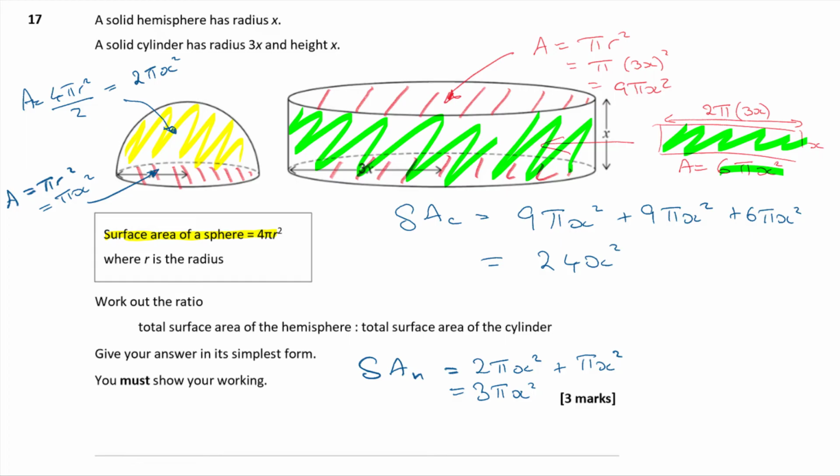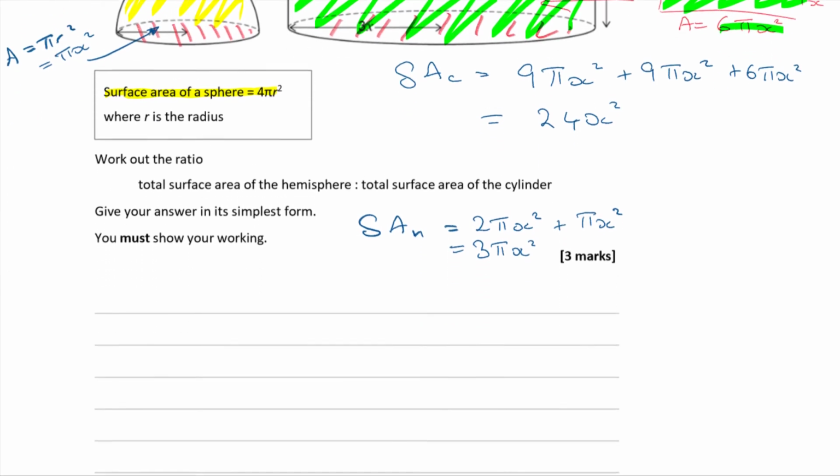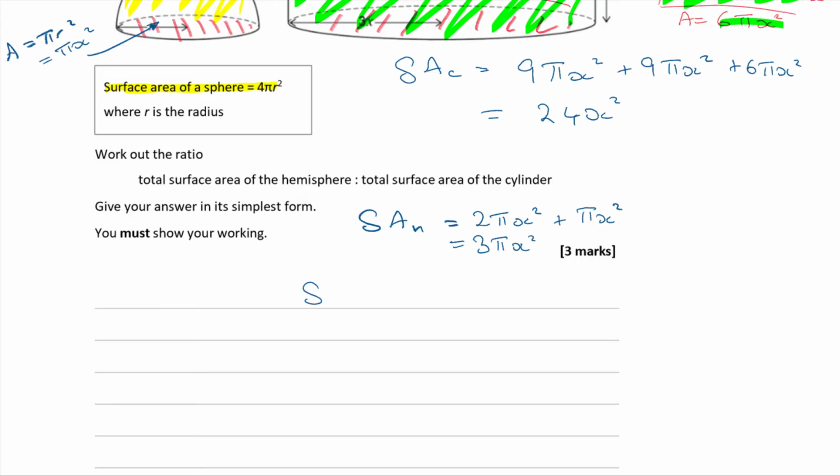Okay, so what do we want? We want the ratio of the surface area of the hemisphere to the surface area of the cylinder. Okay, so surface area of the hemisphere to the surface area of the cylinder, we worked that out to be 3 pi x squared to 24 pi x squared.